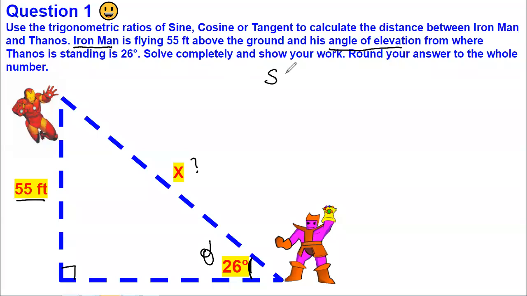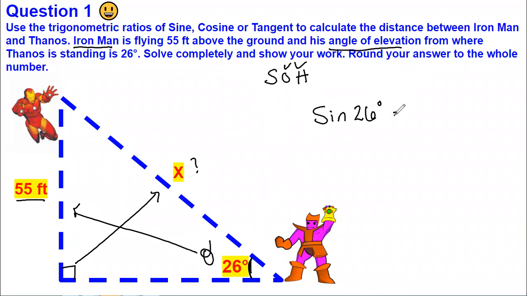Sine. Sine would be opposite over hypotenuse. So here's our theta, here's our angle. We have opposite over hypotenuse. So it is correct. Therefore we have sine of 26 degrees. And how do I write my ratio? Opposite over hypotenuse, that is correct. 55 over X.